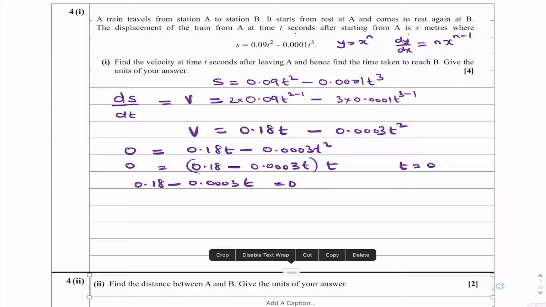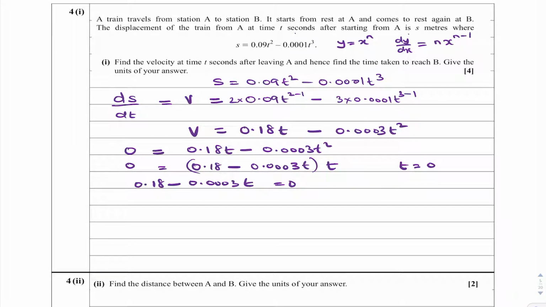And so what I need to do now is move minus 0.0003 t to the other side. So I get 0.18 equals 0.0003 t.